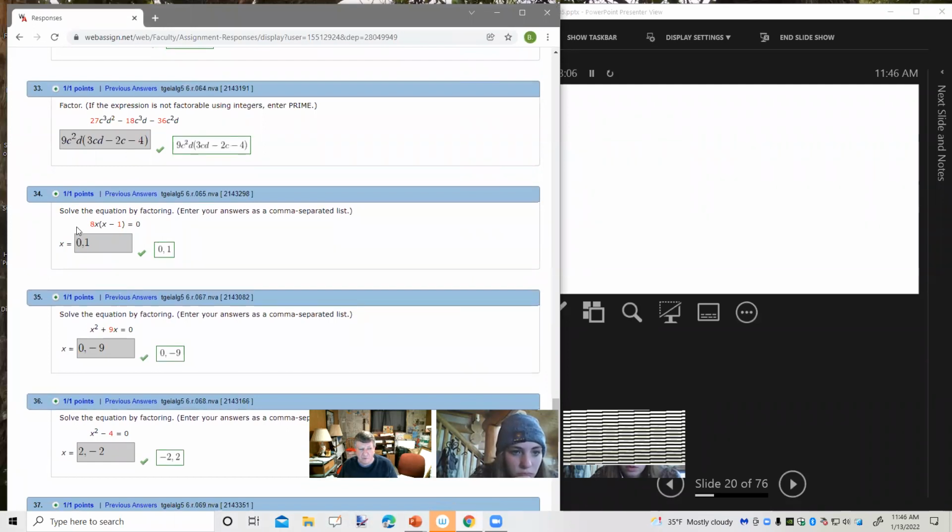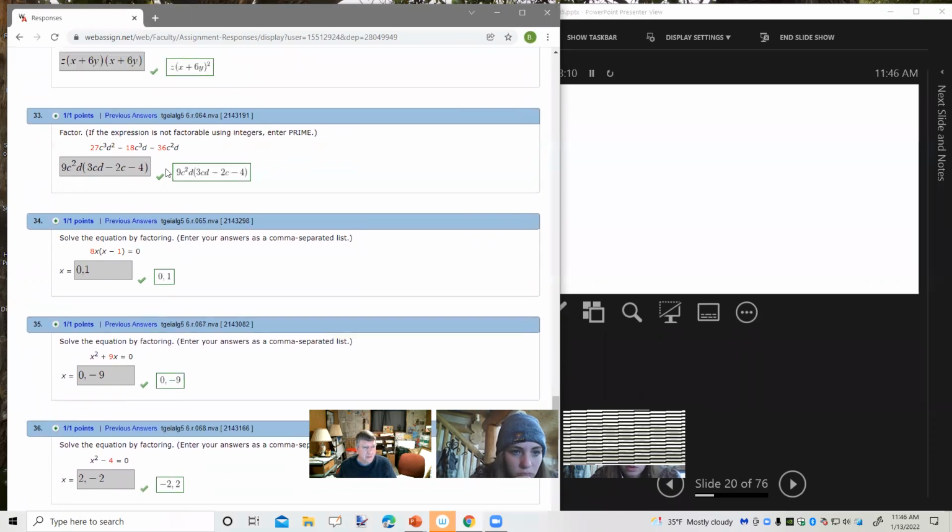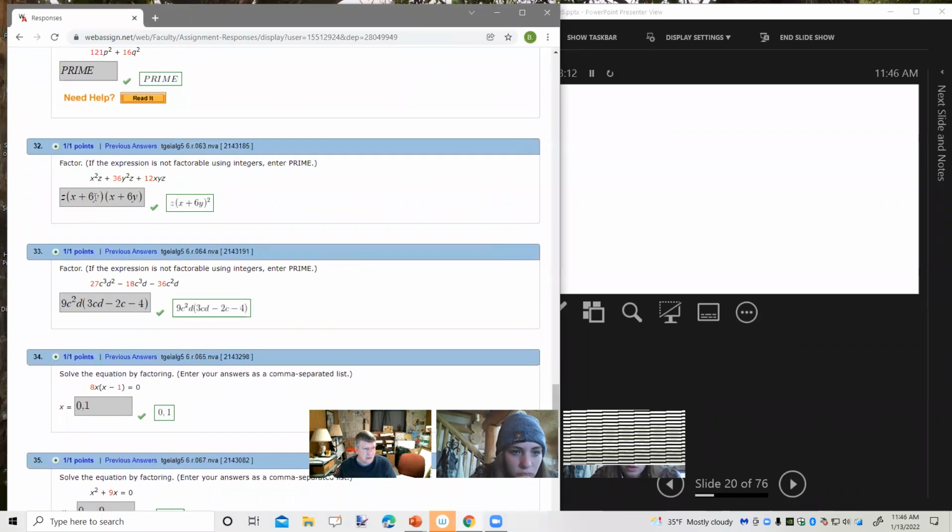It says solve. A mistake I've seen students make is they'll have a problem like, let's say 32 that says factor, and they'll get this answer, but then they'll take it and set it equal to 0 and create an equation out of nowhere and then solve it when they had no business doing that. It didn't say solve it. It wasn't an equation.